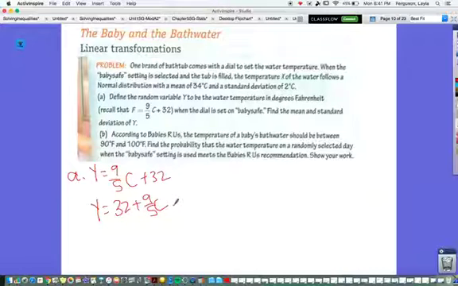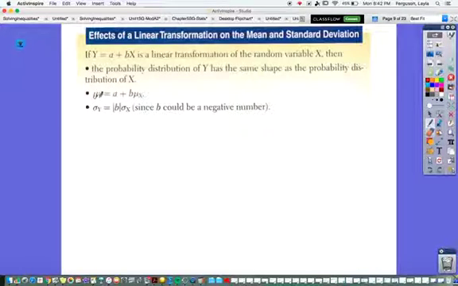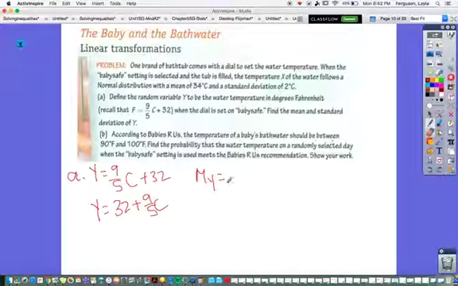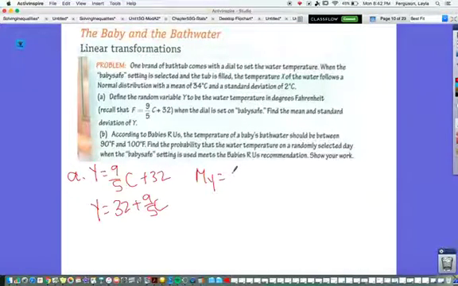So basically just rearranging our formula, but it all means the same thing. So the mean of Y, based on the information that we have here, is going to be equal to A plus B times the mean of X. And so the mean of Y is going to be equal to 32 plus 9/5 the mean of X. Which we know that the mean of X is given to us and it's 34.